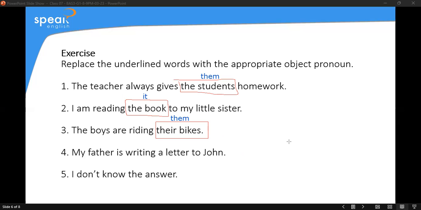Now, what is the verb? Writing, excellent. So what is he writing?